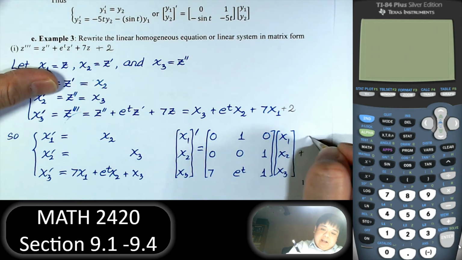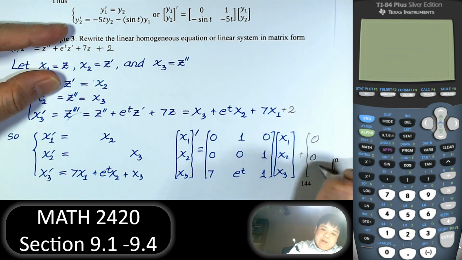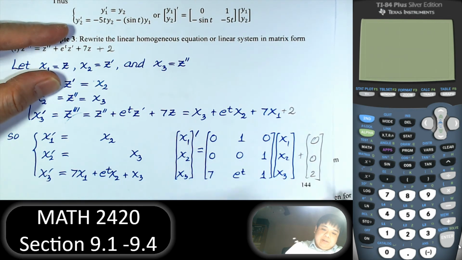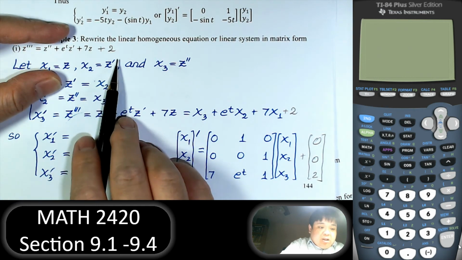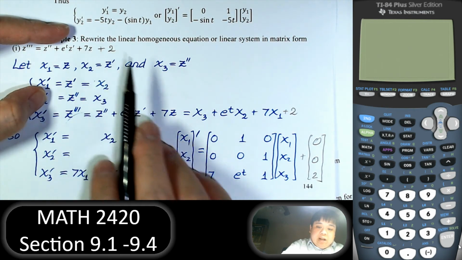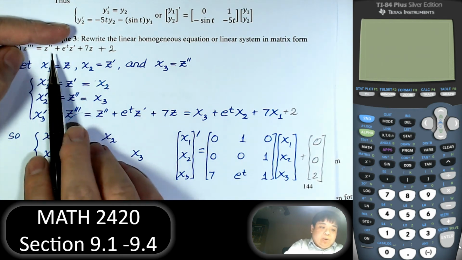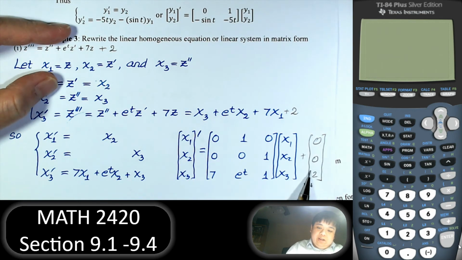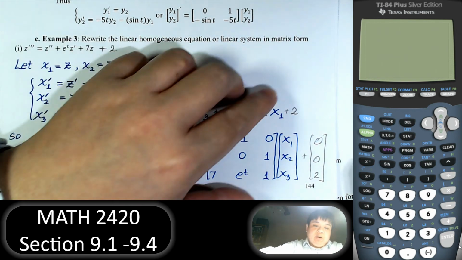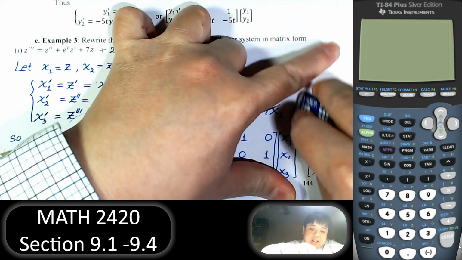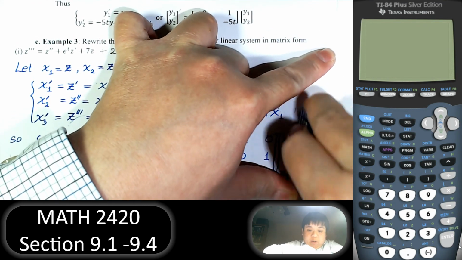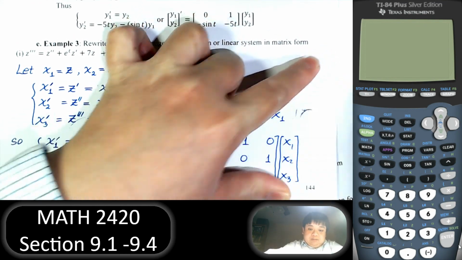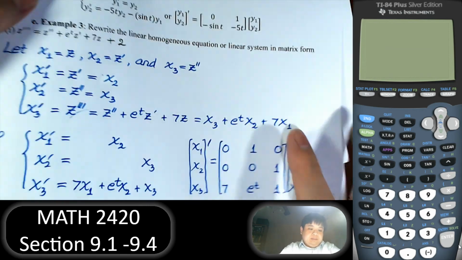So we only need to add to 0, 0, and 2. If we have numbers that do not depend on the variable, we add them only to the last row of the matrix. Like I said, we will revisit this in section 9.7.